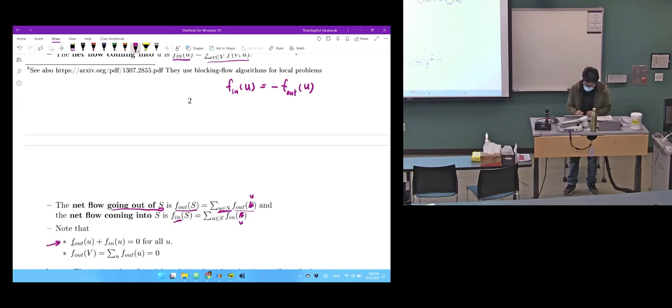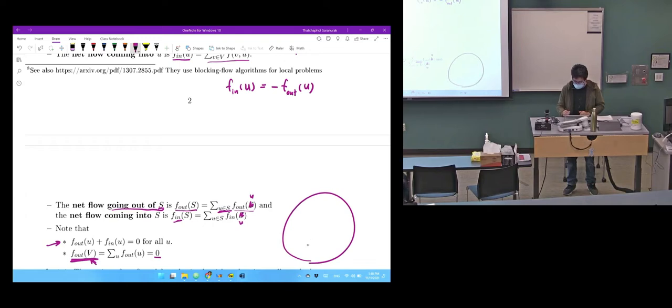Here you can see that this is true all the time. And why is this true? Like, why is it the case that flow out of everything is always 0? For every edge there are two directions. Yes, exactly.